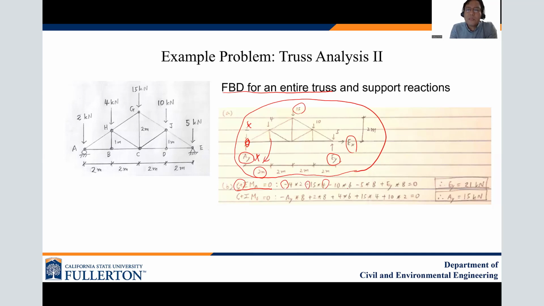10 times 6, there's a negative, and then 5 times 8. And then EY also creates a moment, EY times 8, but that one is counterclockwise, so there's a positive sign.